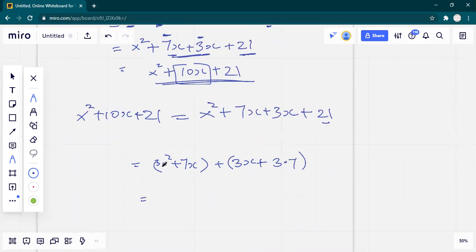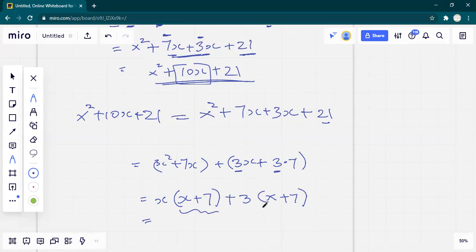Next, we can factor an x from the x squared plus 7x terms. If you take x from x squared, the remaining term is x. If you take x from 7x, the remaining term is 7. Plus we can take the common factor 3 from the other two terms. The remaining term is x plus 7. Now look at this expression.